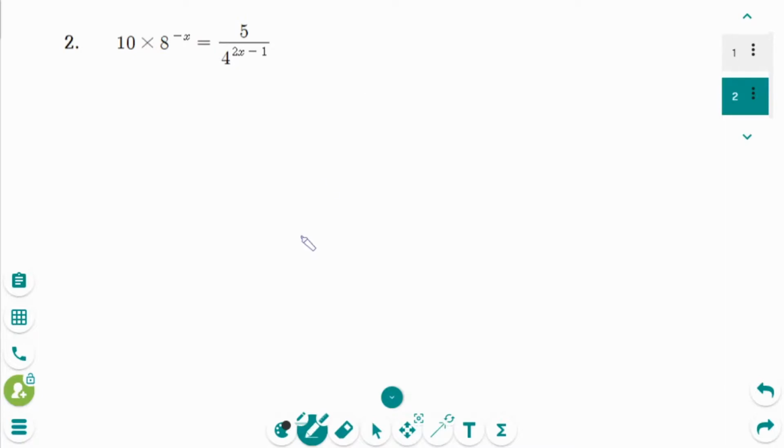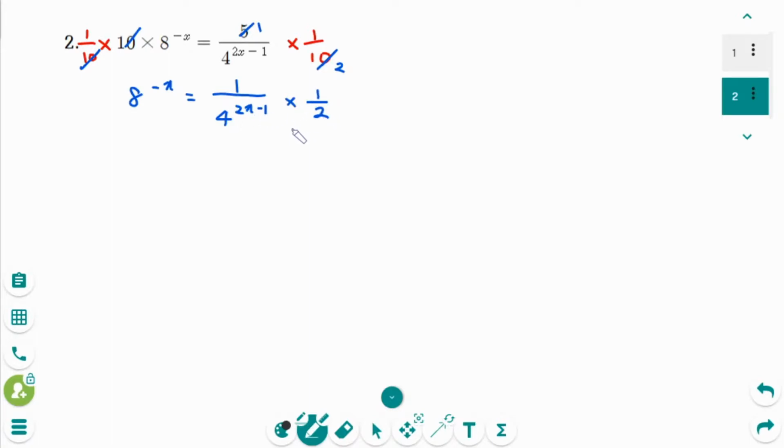Number 2, the right side number is in fraction form. Multiply by 1 over 10 on each side instead of dividing by 10. 8 to the power of minus x equals 5 times 1 over 4 to the power of 2x minus 1 times 1 over 2.